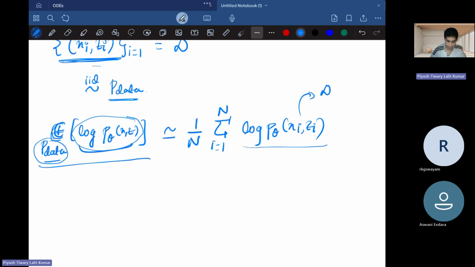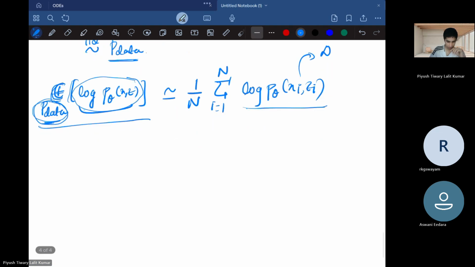Yes, because P theta is a parametric model which I am going to model, so I will know how to calculate this. And the second thing is, do I have samples from this distribution P data? Because the expectation is under P data, I can only approximate this quantity if I have samples from P data, and then I can take the average. Is that clear? Yes. Right?